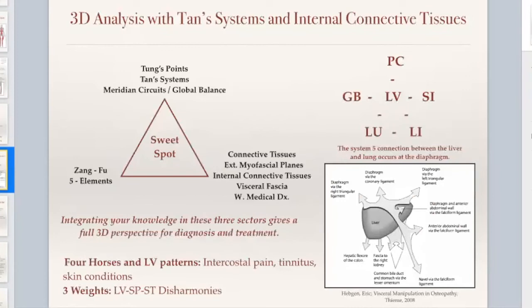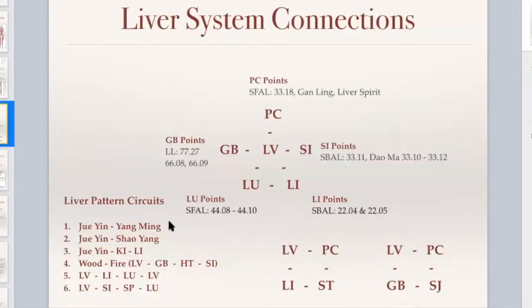So let's see if I can find, here's all the different liver pattern circuits, okay? Number one, the Jueyin Yangming circuit, and then number two, we've got the Jueyin Shaoyang circuit. Another liver circuit is the Jueyin kidney large intestine circuit, okay? Let me show you. Here we see the Jueyin Yangming circuit.